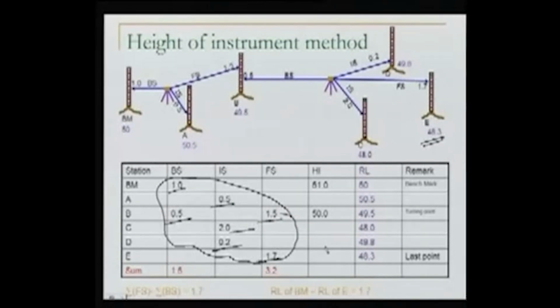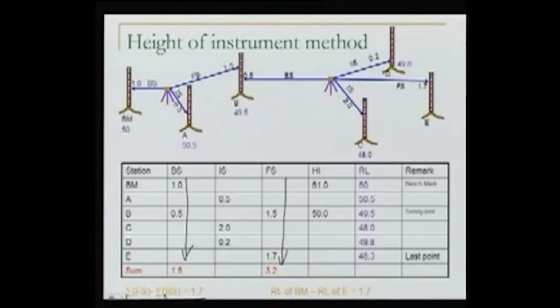Now, while we are doing the computation, we can have some checks whether we are computing correctly or not. The first check is sigma backside minus sigma foresight should be 1.7. What I am saying here is, you sum up the backsides, sum the foresights and find their difference.